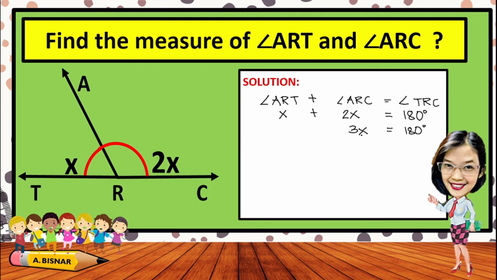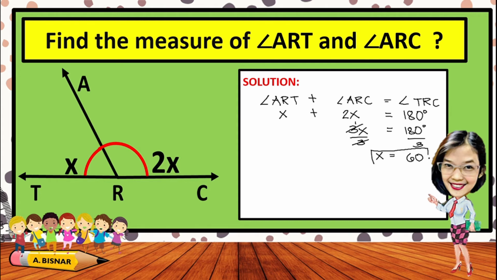Since we'll just look for the value of x, we have to divide both sides by 3. So 3 divided by 3, the answer is 1, and 1 times x, the answer is x. 180 divided by 3, the answer is 60.